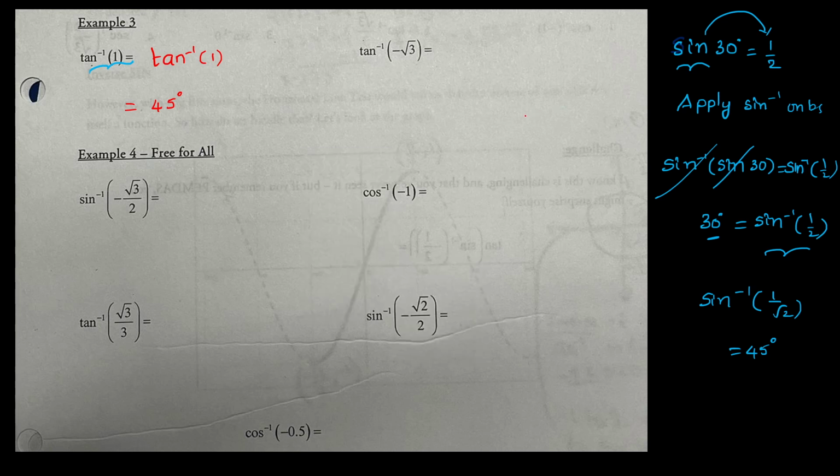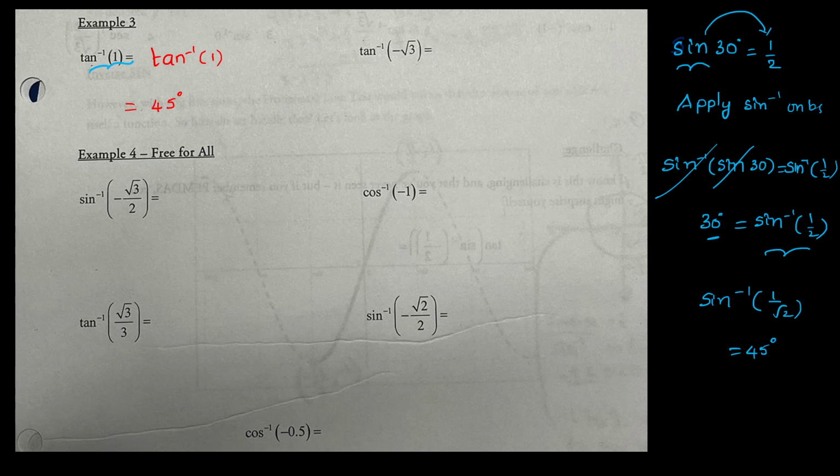Now you have to tell me in which quadrant tan will become negative. We have the mnemonic called all silver teacups. All means in the first quadrant all ratios are positive, in the second quadrant sine is positive, in the third quadrant tan is positive, in the fourth quadrant cos is positive.